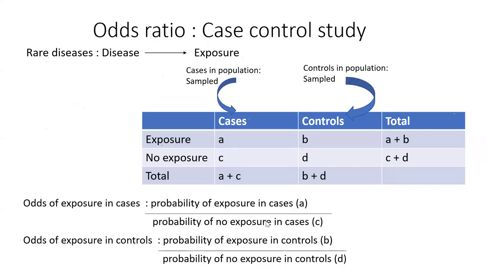So if you will read in books that the concept of odds is difficult to understand, it is difficult to communicate, right? And therefore, that is a big limitation with odds and odds ratios.